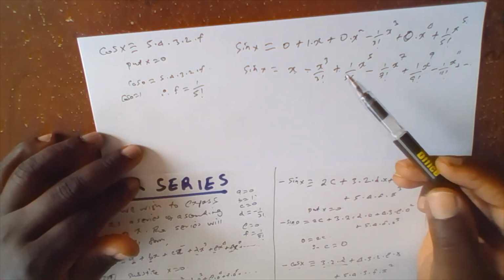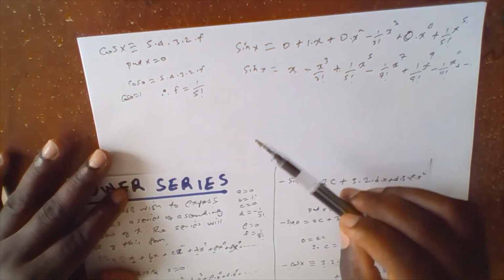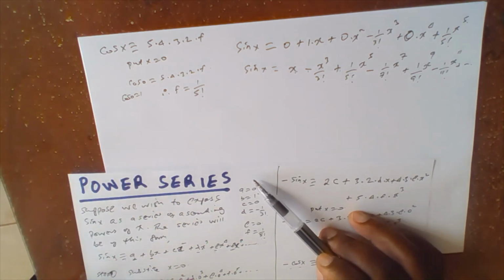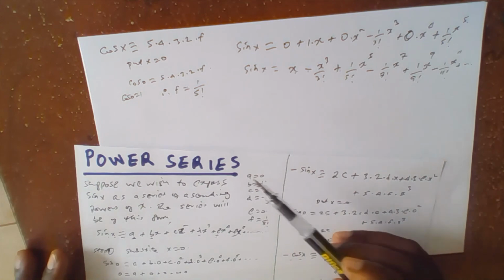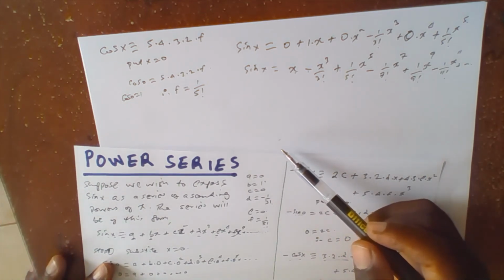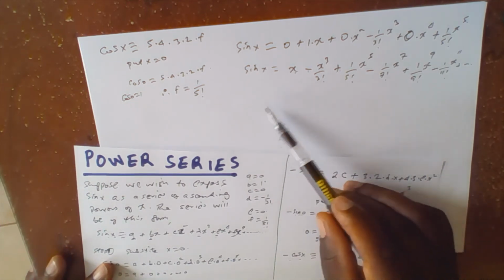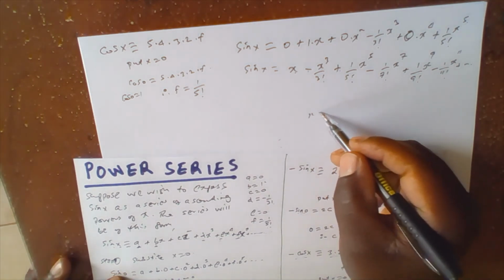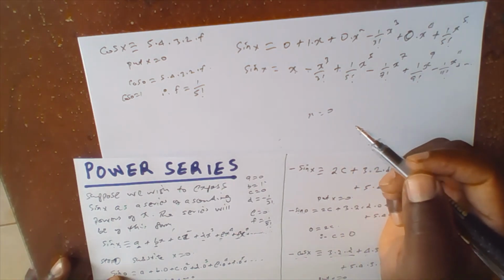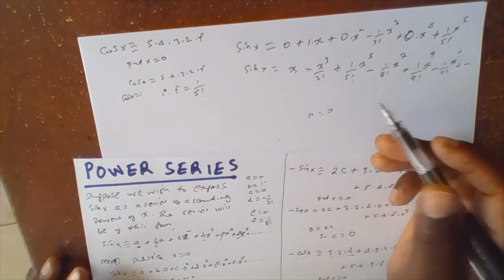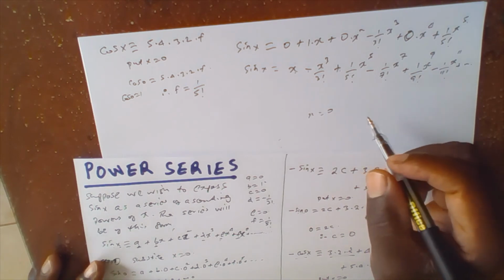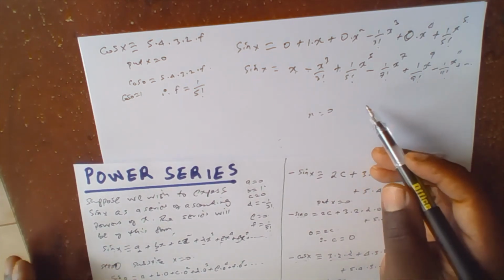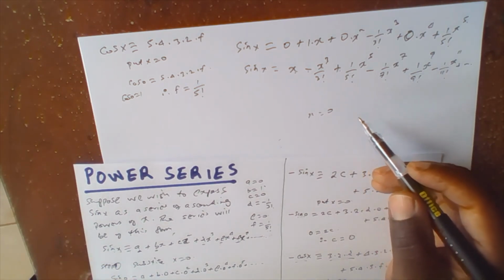Now, provided we can differentiate a given function over and over again, and find the values of the derivatives the way we are doing when we put x equals to 0, then this method will enable us to express any function as a series of ascending powers of x.